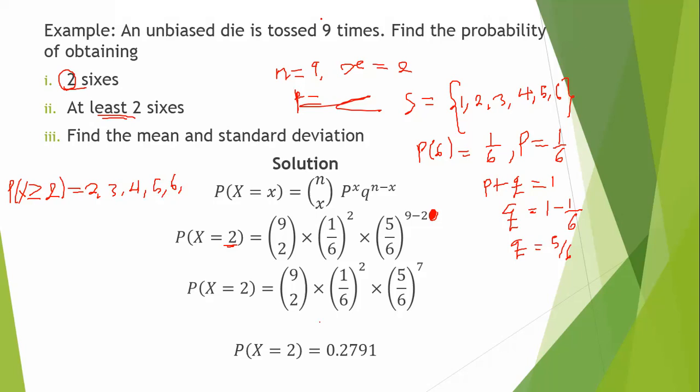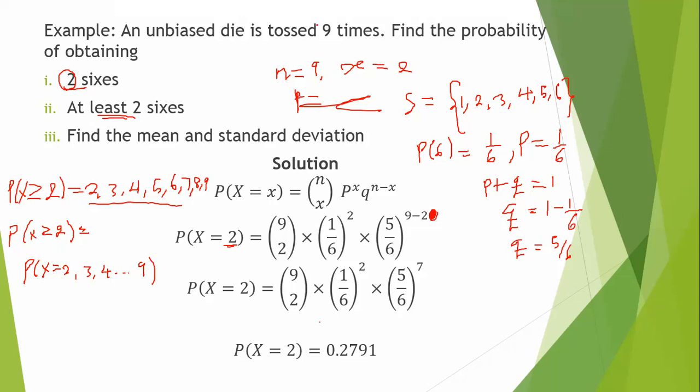According to our question, our n is 9. We are tossing this die 9 times, so it should go up to 9. So meaning if we are to find this, we would need to find probability of x equaling to 2, 3, 4, up to 9. Is that clear?